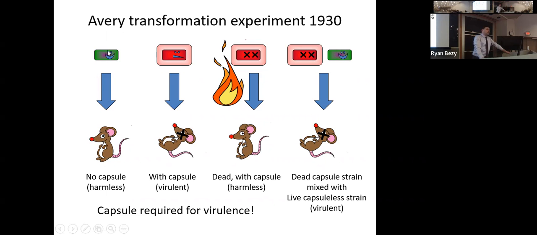They had a version of Streptococcus pneumoniae that was defective for capsule production. If they infected mice with the capsule-less strain, no disease.